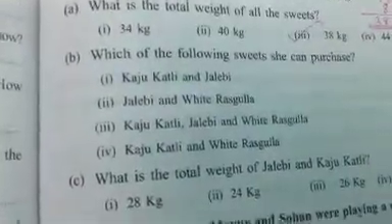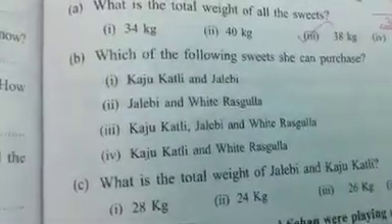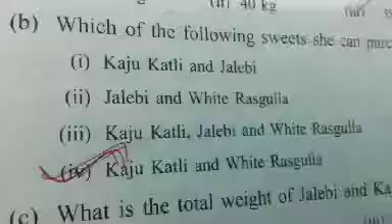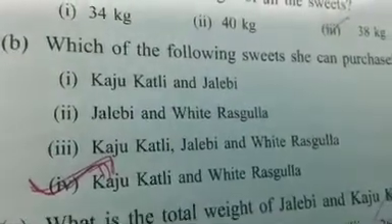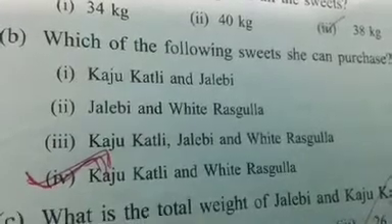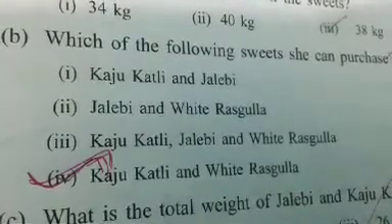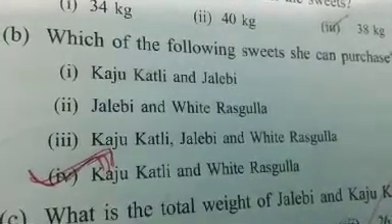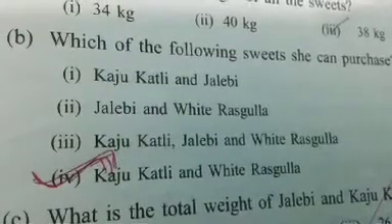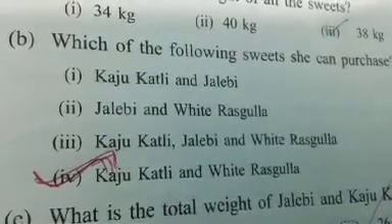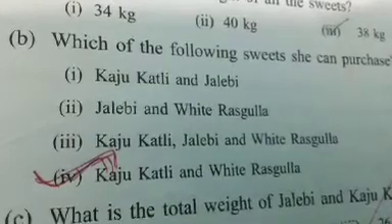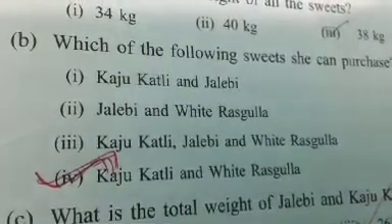Which of the following sweets can she purchase? Children, her idea is to buy 24 kg. So which one comes here? Kaju Katli is 16 kg, white Rasagulla is 14 kg, another is 8 kg.